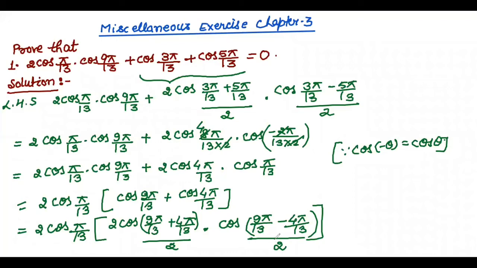Then we can write it as 2 cos pi by 13 into, here we will have 13 pi by 13, so we can write it as pi. So 2 cos pi by 2 into cos 5 pi by 13 into 2.